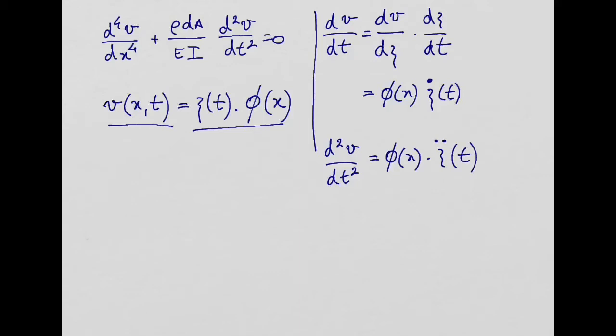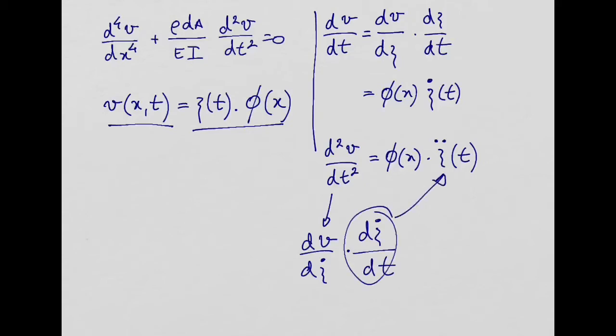Right? So you can do again the chain rule if you want for this. This is going to be equal to the derivative of deflection in order to xi dot times the derivative of xi dot in order to time. This term is this, and this term is this. Right?